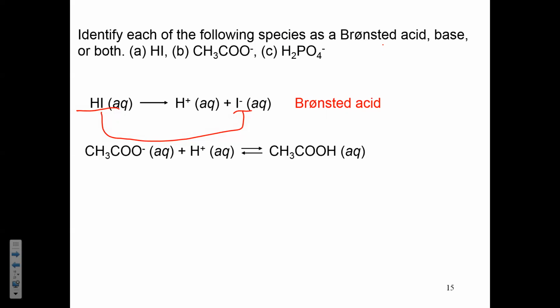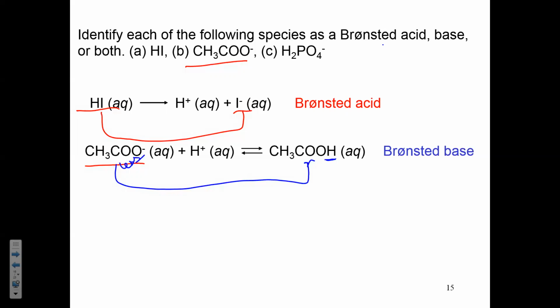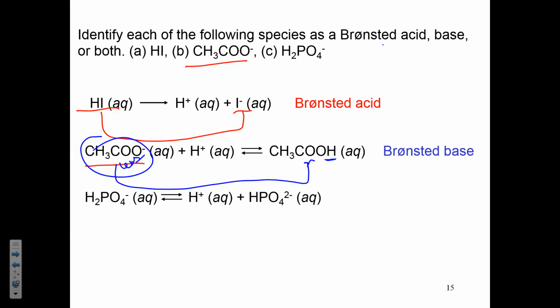Okay, what about this one? Try this one on your own. Hopefully you said it's a base because we are looking at this compound, which is this one right here. This one has less than its partner, which is right there, and that one has more. So this then would be a base. Last one. Look at this equation.